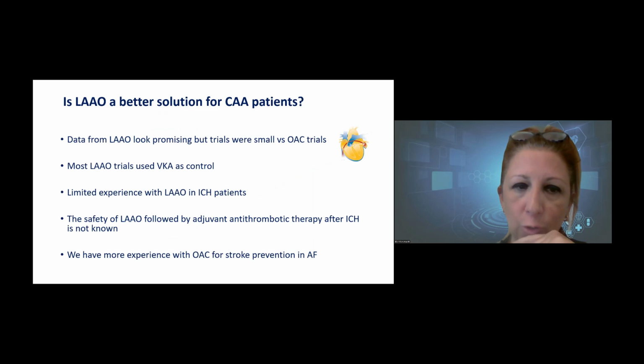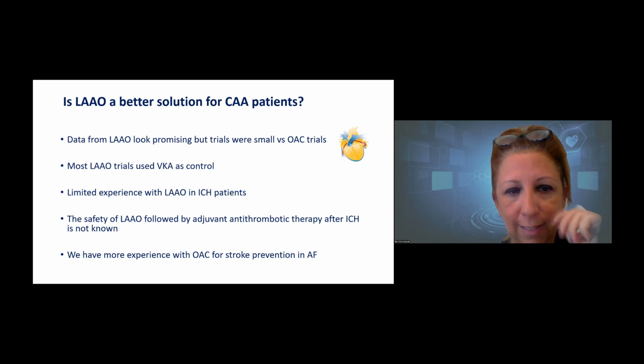What about other solutions in ICH patients at especially high risk, for example, patients with cerebral amyloid angiopathy? Left atrial appendage occlusion offers an alternative for patients at very high bleeding risk, and data from left atrial appendage occlusion look promising.